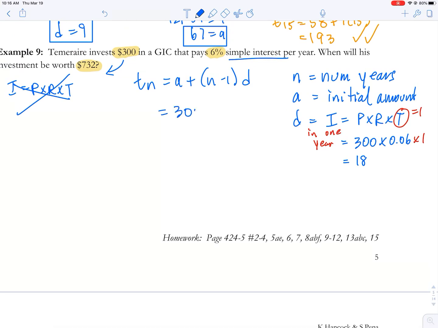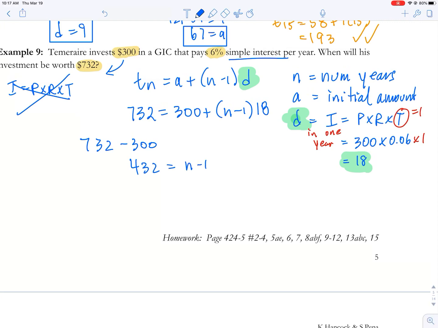So we start at 300 plus, we know it's going to grow to 732. We're going to solve for n minus 1 times our difference, which is 18. So I took our difference of 18, and we put it in there. So 732 minus 300 is 432 equals n minus 1 times 18.